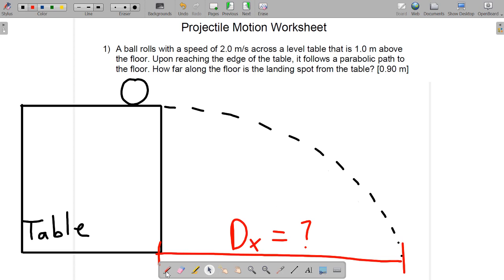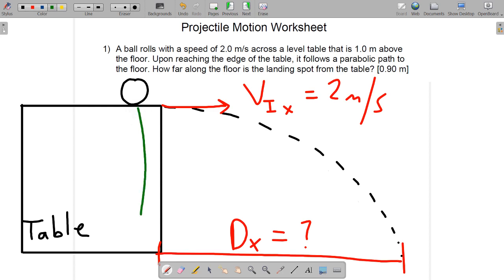So let us label this picture with everything that's given. We're given the initial speed, or the initial velocity, of the ball the moment it was launched from the tabletop. It tells us that it was launched with an initial velocity in the x direction of 2 meters per second. We're also given the height of the table.